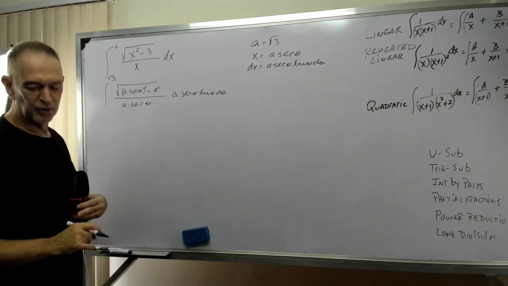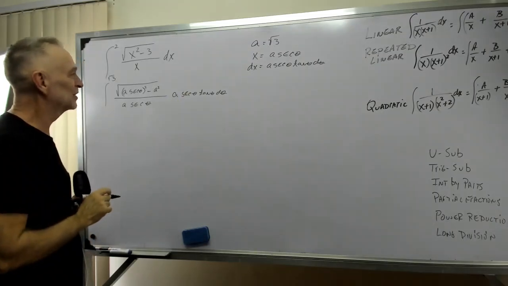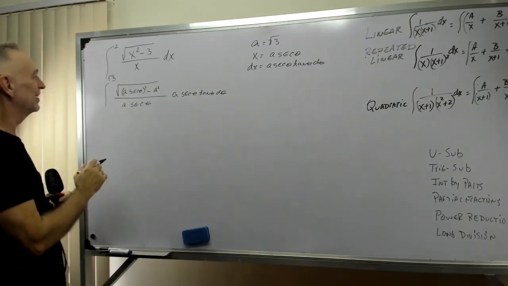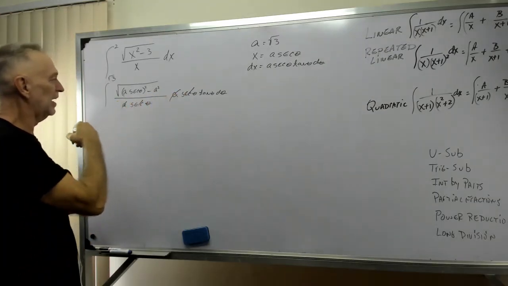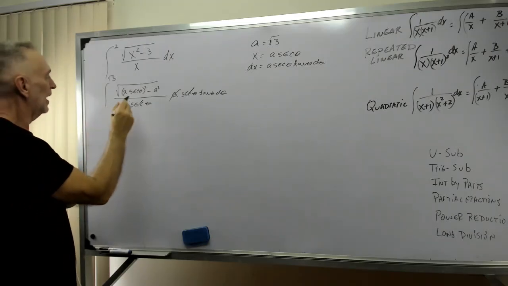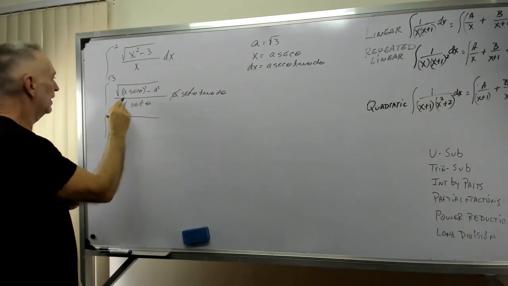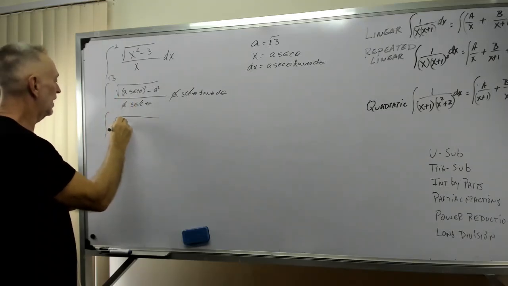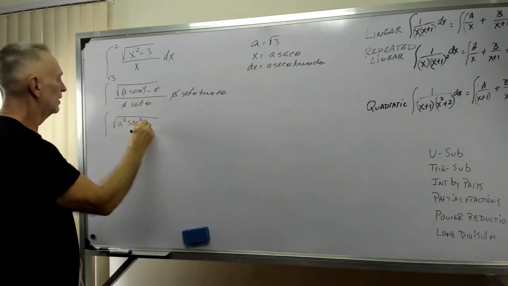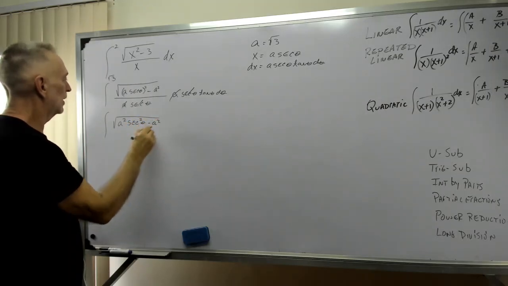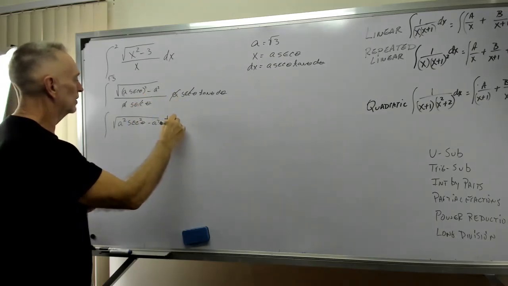You may have to zoom in. I'm trying to save some space here. My writing may be a little bit small, but just zoom in. You can do it. The a's cancel, secant theta cancels, and I'm going to go ahead and square this. I have a squared secant squared theta minus a squared, and everything else canceled, times tangent theta d theta.